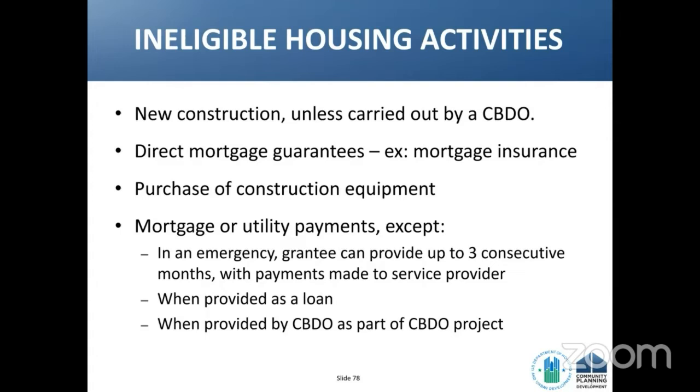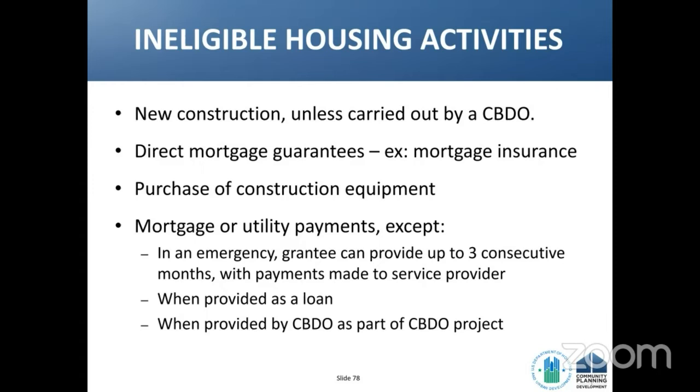If you go to 570.207(b)(4), when you're talking about the annual appropriation program, it's allowed for up to 3 consecutive months there. It has to be an emergency. It can't be, oh, I partied away my money and now I can't pay my rent. It has to be an emergency. You lost your job, something. But it can be done for up to 3 consecutive months.